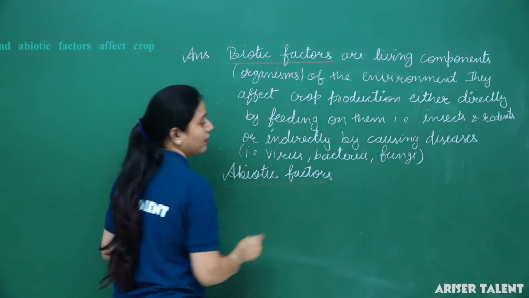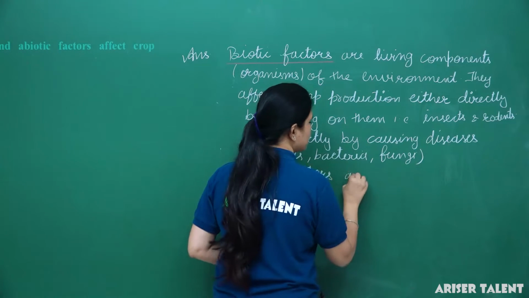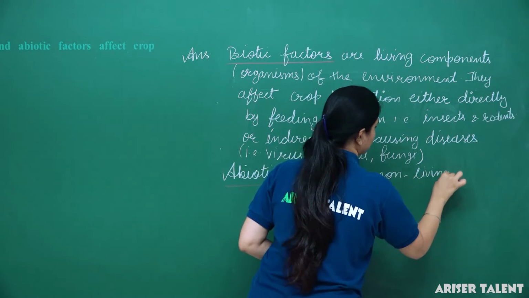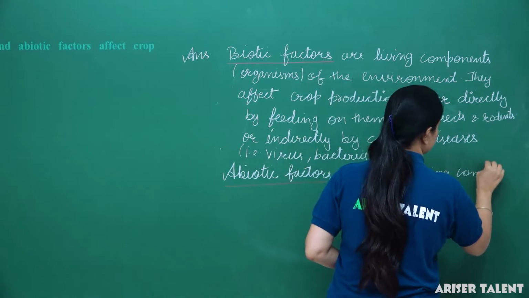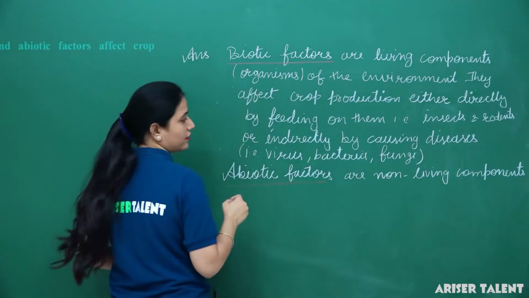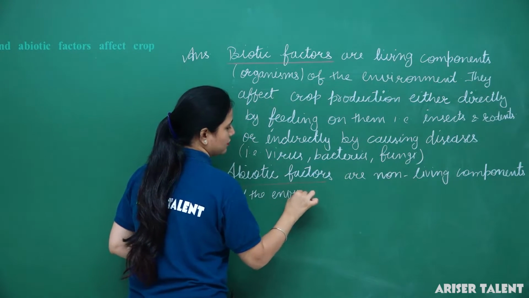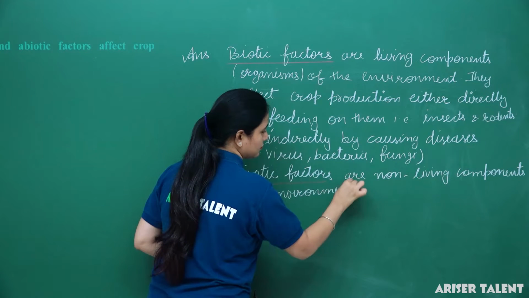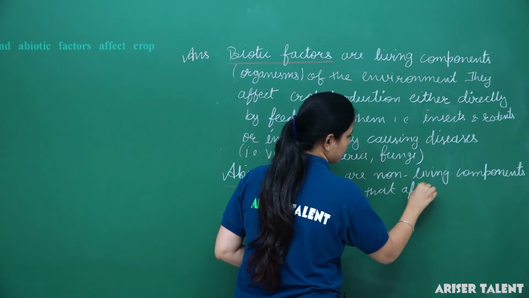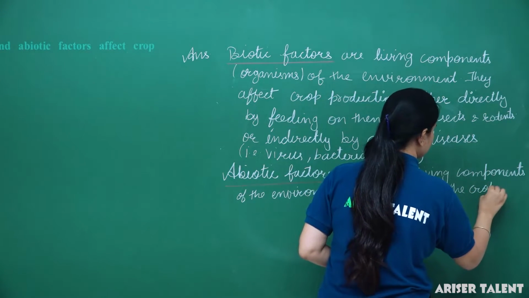So what are abiotic factors? These are non-living components of the environment that affect the crop production.